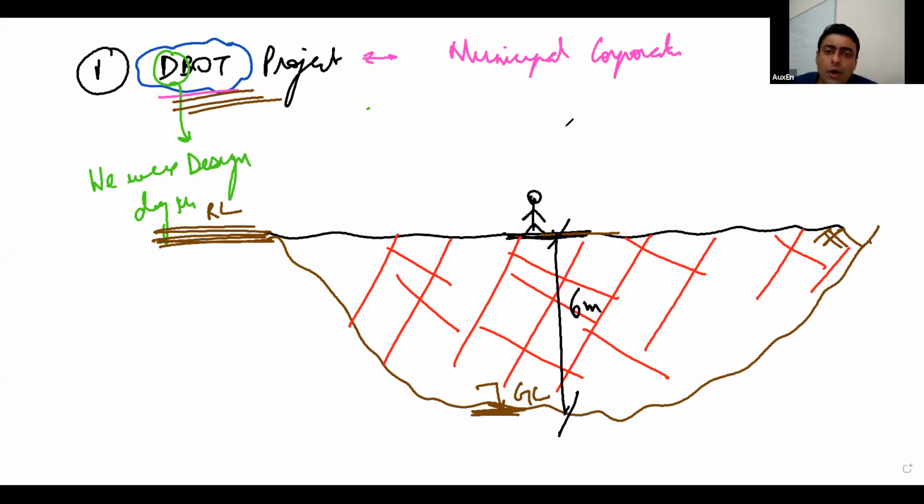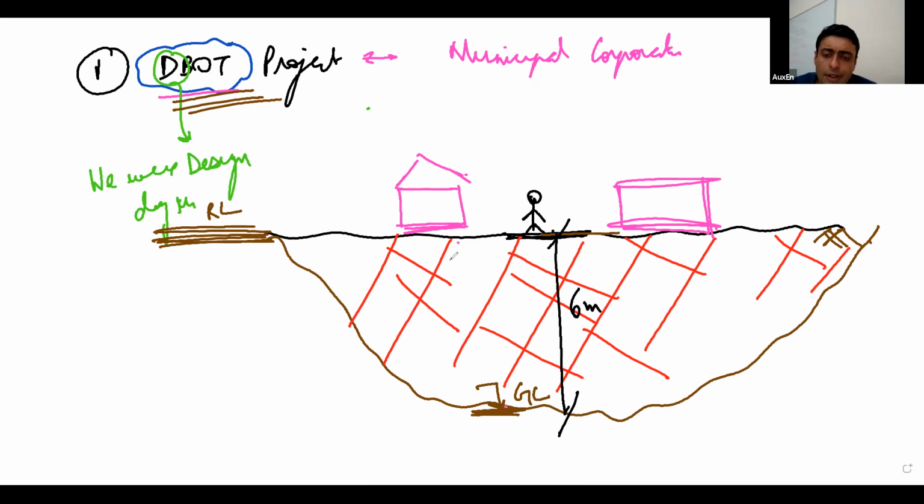All right. Now all their structures had to come up over here. All the structures that were planned, they had to come up over here at ground level, isn't it? Whatever structures were planned, let us say there was a big tank over here that they had to construct. There were some sheds that they had to construct. So all of them had to come up over here at road level. So now what happened, because their actual ground level was 6 meters below, their entire design or their entire scheme had to be changed.